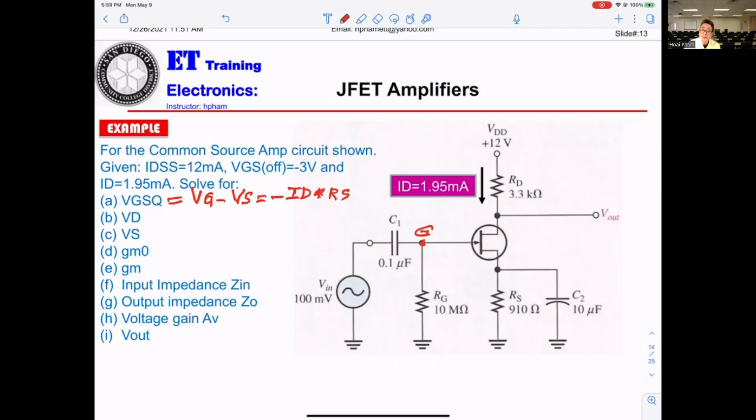So you know how to do the calculation. And VD, this is the D right here, this will be the S. VD equals VDD minus ID times RD.